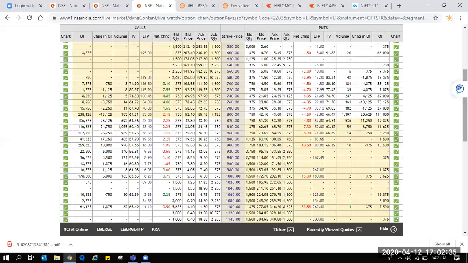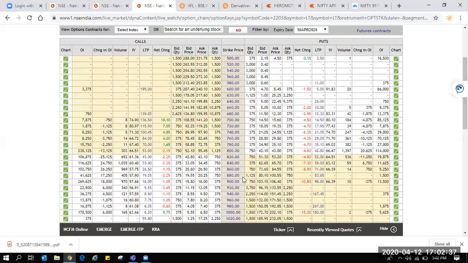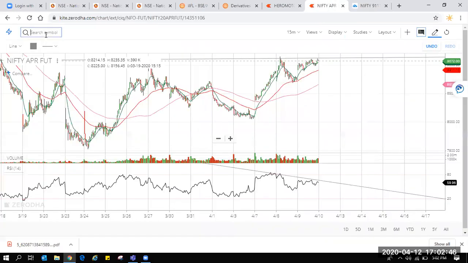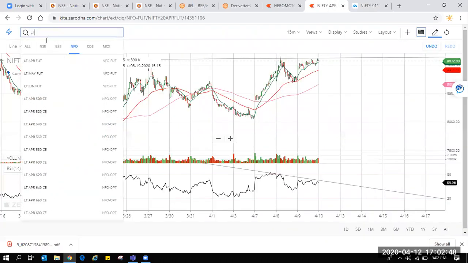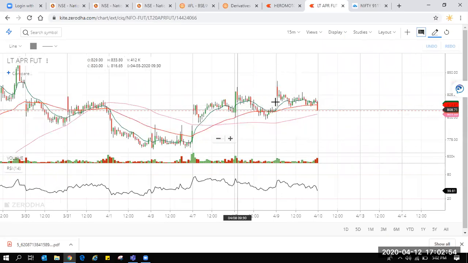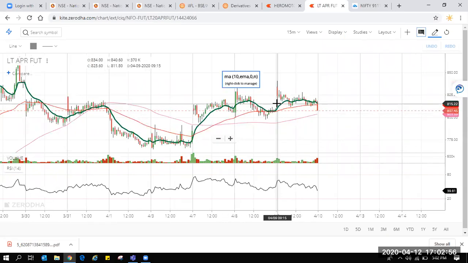Okay, this LNT. Let me start with this. So what will happen for this LNT? If you see the LNT, again, if you see this Nifty LNT has opened at 834.